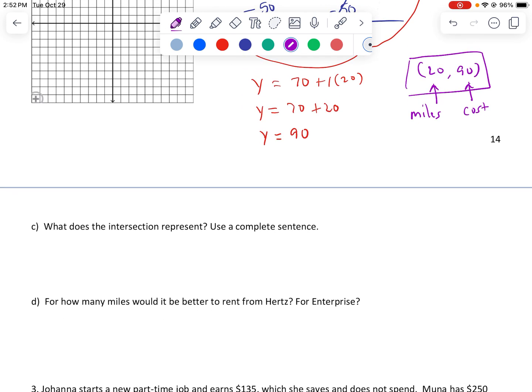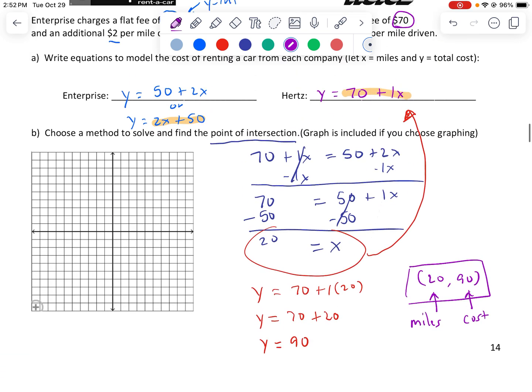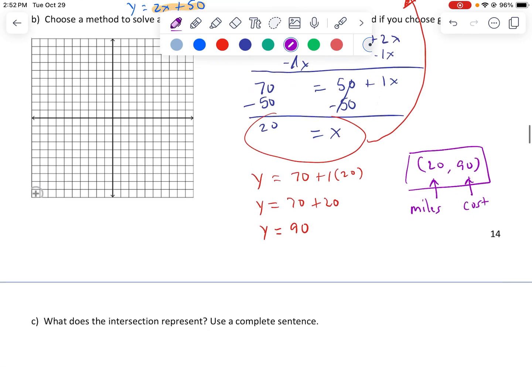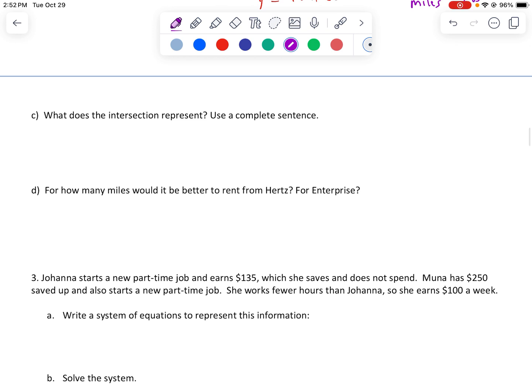Okay, then part D: for how many miles would it be better to rent from Hertz or from Enterprise? Remember, 20 is where they're the same. If I go back to my equations, when I use Enterprise, I have a cheaper flat fee, meaning if I drive under 20 miles, Enterprise is going to be cheaper.